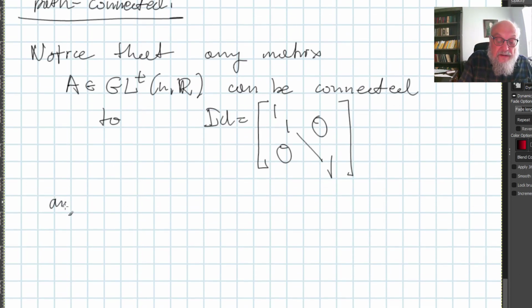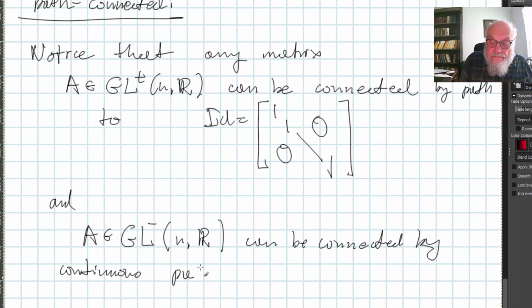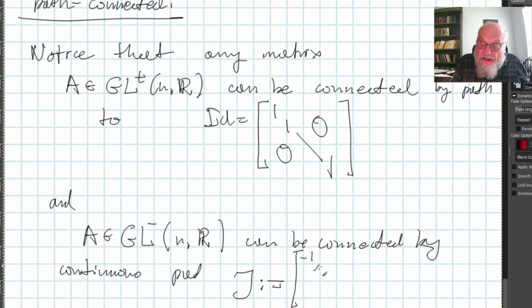And if A belongs to GL minus(n, R), it can be connected by a continuous path to this matrix, which I call J. So J is different from the identity: the first entry is minus 1, and everything else on the diagonal is 1.